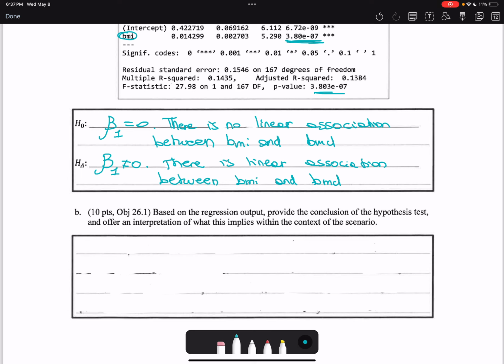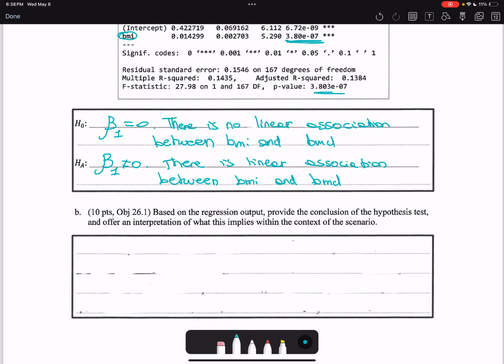Based on the regression output, provide the conclusion of the hypothesis test and offer an interpretation of what this implies in the context of this scenario. Well, I'm not sure what BMD is. Let me see if I can find this somewhere else. BMD, no. I'm not sure.